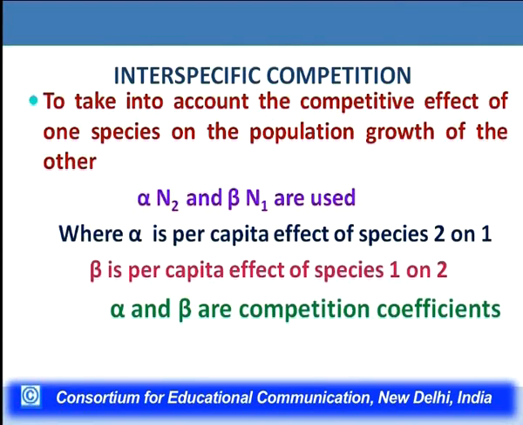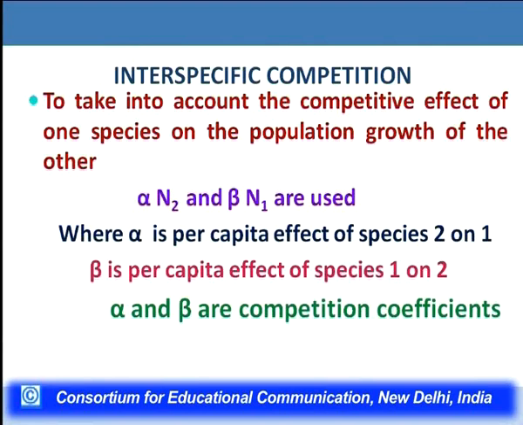So when two species are competing for the same resource, they will have some effect on each other, and this can be given by these particular terms, alpha n2 and beta n1, where alpha is the per capita competitive effect of species 2 on 1. How much effect individuals of species 2 are having on the individuals of species 1, and beta is the per capita effect of species 1 on species 2 population.